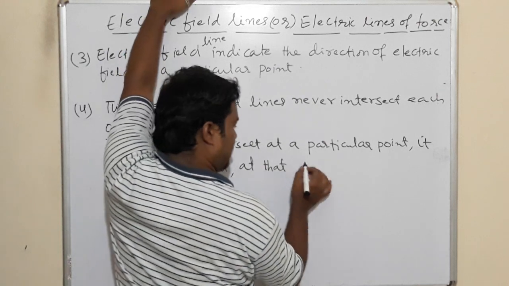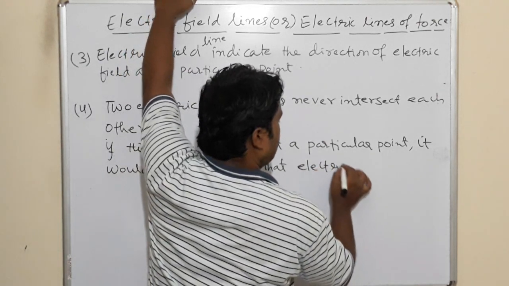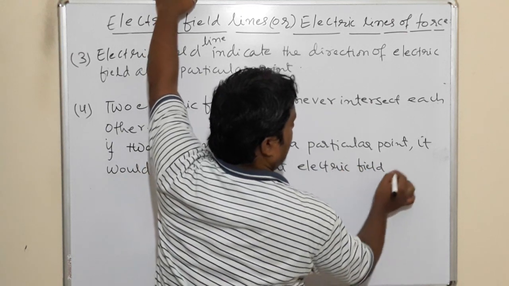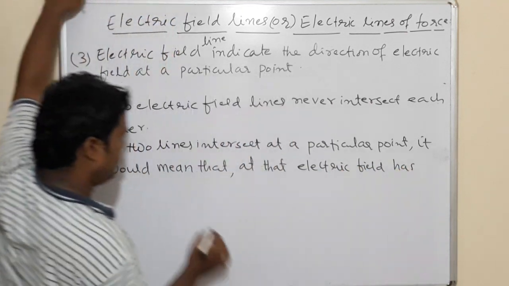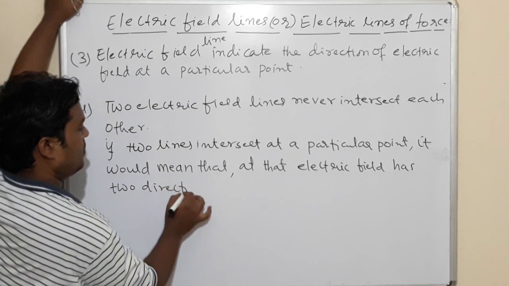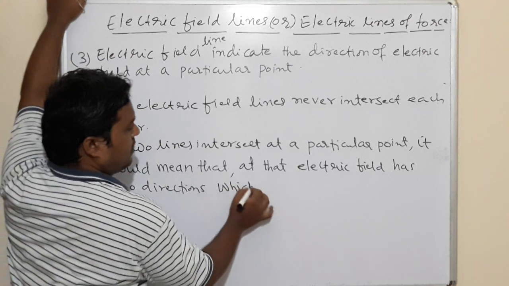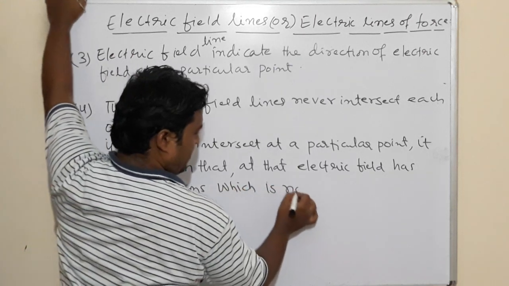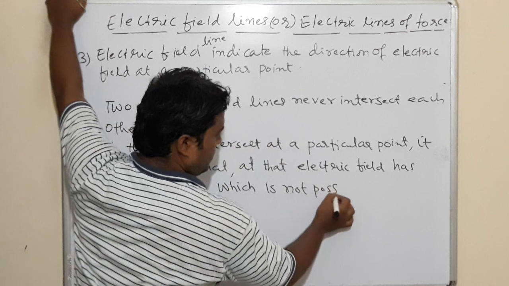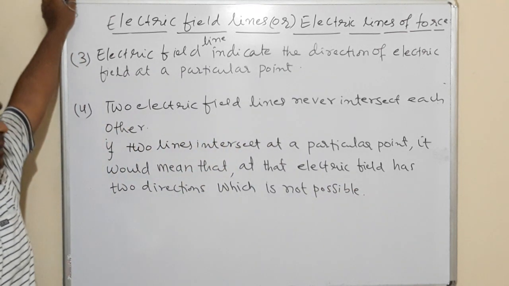Therefore, it means that at that point the electric field has two directions, which is not possible. That means intersection is also not possible.